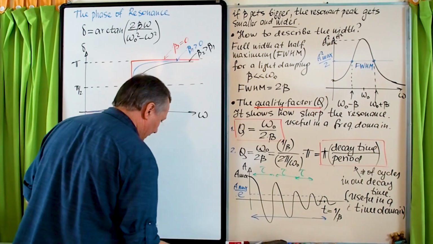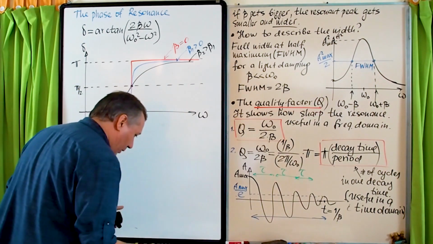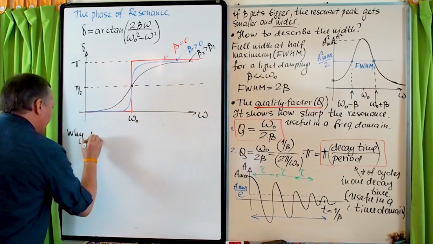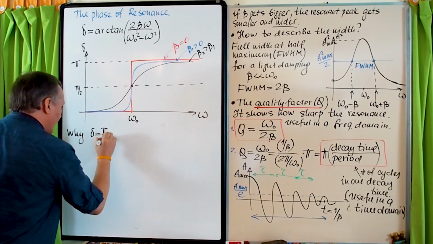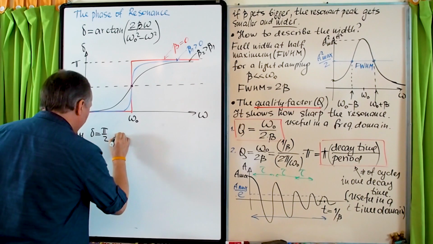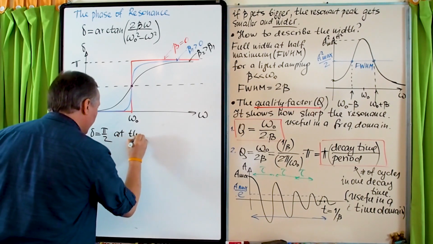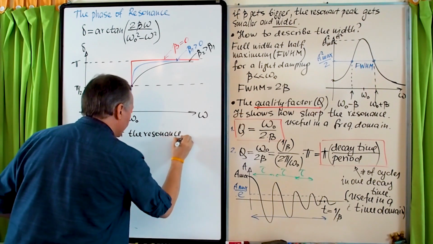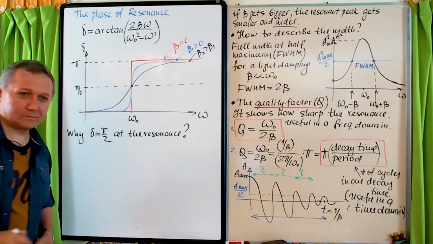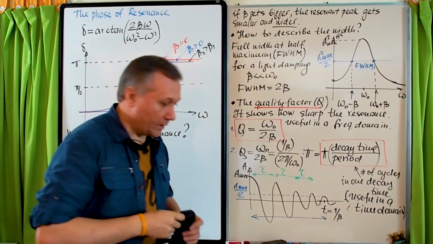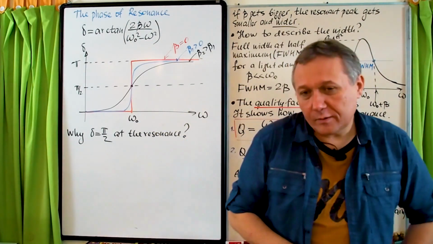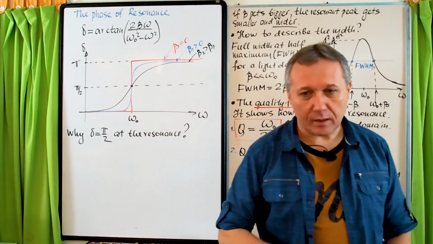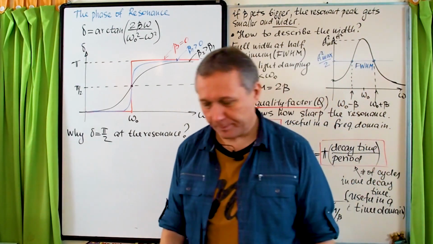So let me write the question this way: why is delta equal to pi over 2 at the resonance? And I usually give this semi-conceptual explanation, justification.